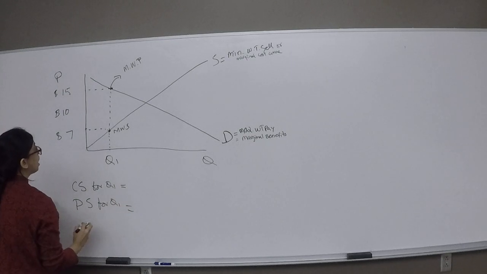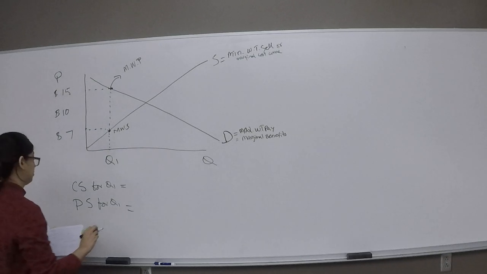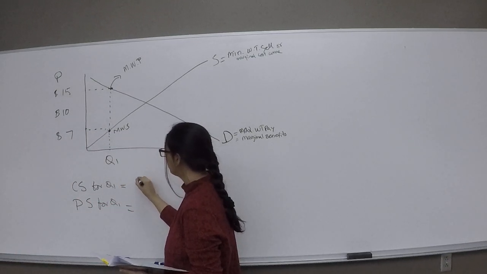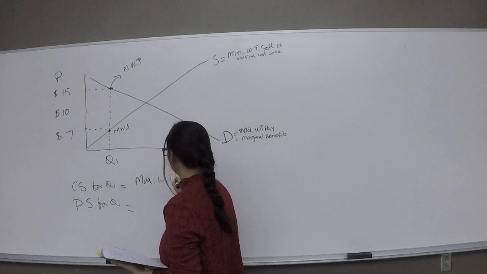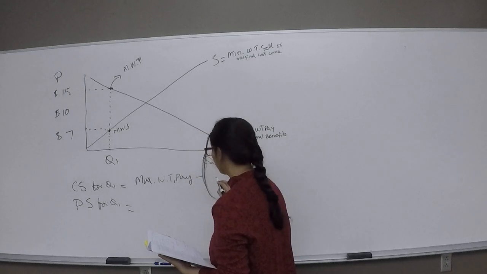So if I was to ask you, calculate consumer surplus and producer surplus, what are you going to do? What's the formula for consumer surplus? It's maximum willingness to pay minus price actually paid.